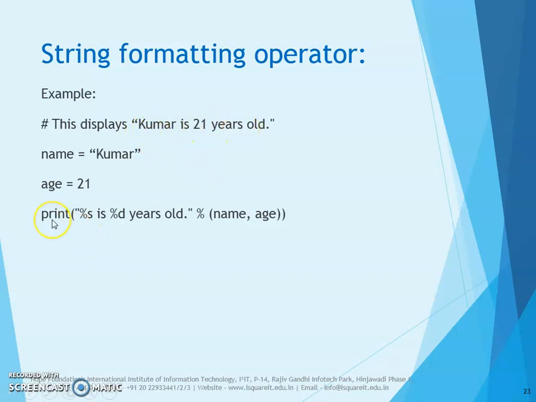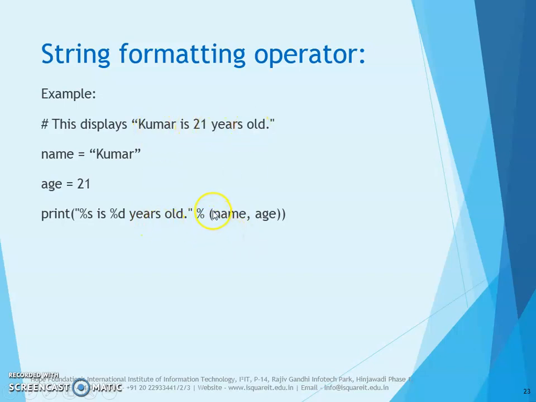Then we write a print statement, opening a double quote, %s as we want to display the name here, is %d to display the integer data at this place, years old. So it will display Kumar is 21 years old.